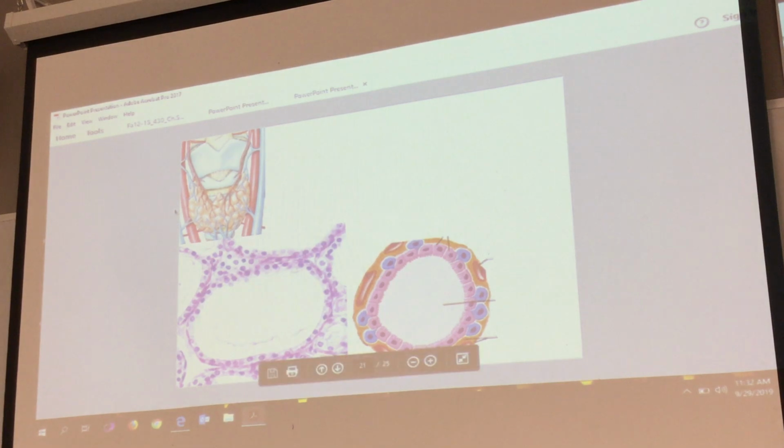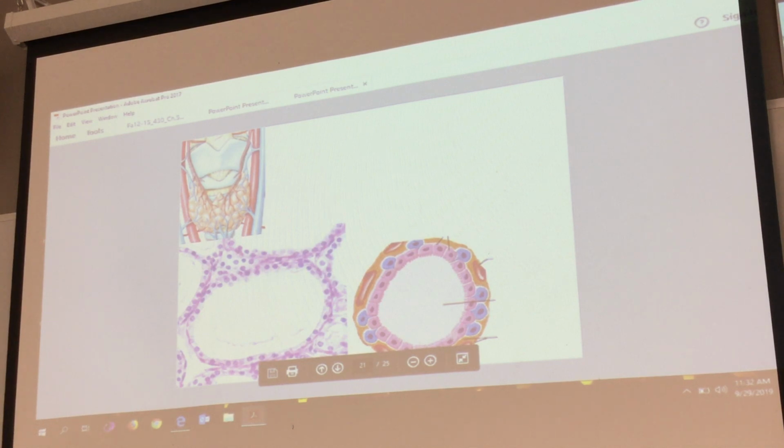So this gland here, thyroid. What type of gland is that? Endocrine. Inside the thyroid, you see these spherical structures called thyroid follicles. Each one has sort of like a shell of cells that separates the inside, called the colloid, from the outside.